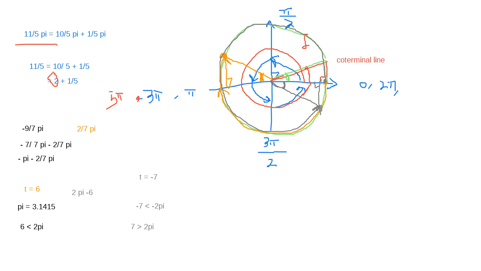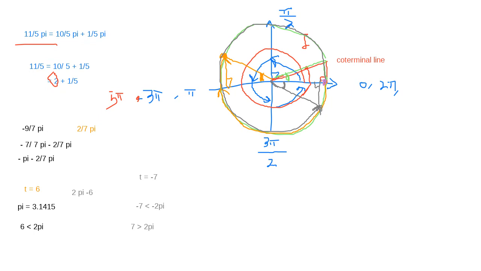Now let's measure. Let's use this color. Because it's negative, we go clockwise. 7 is bigger than 2 pi, so we go one round, that's -2 pi. Then we have to go a little more.